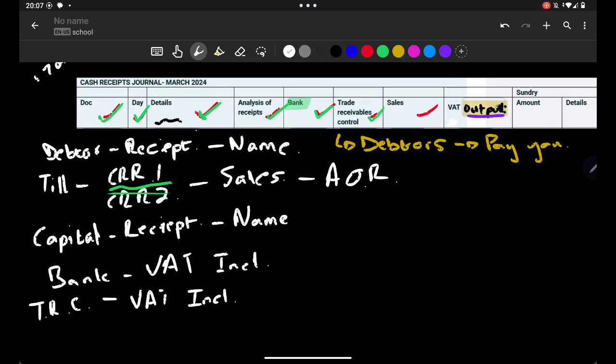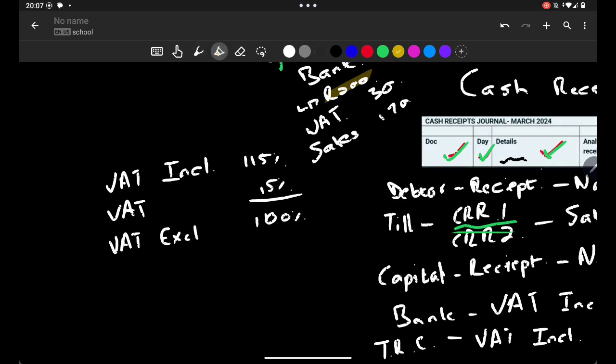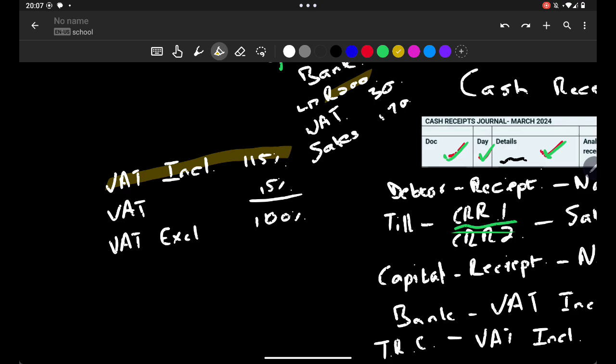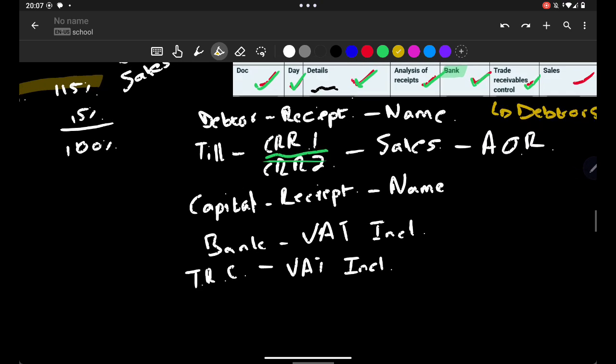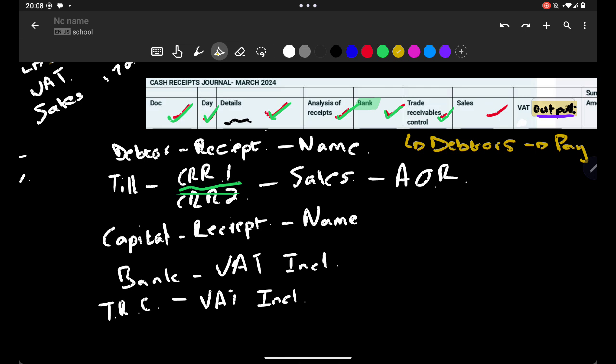So trade receivables control is a VAT inclusive amount. Remember, VAT inclusive amount is 115%. It's the full amount. So if they say that once again, J something paid that 200 rand to the business, you record the full 200 rand in trade receivables control and the full 200 rand in bank, so that you know that's the full amount that you received.